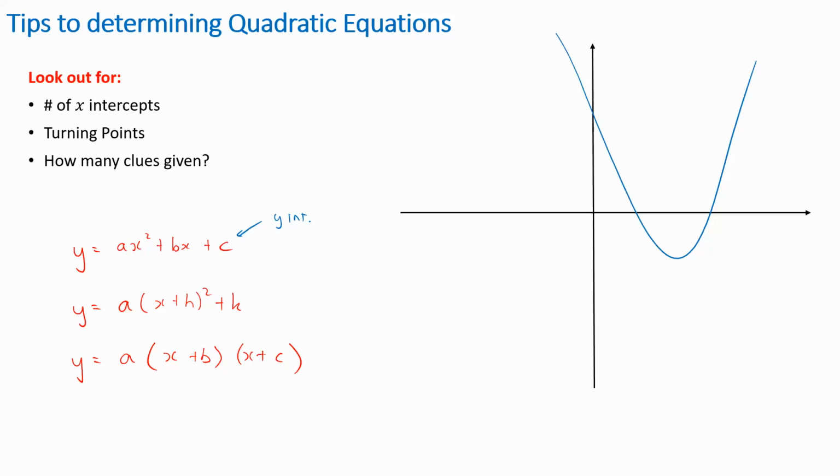What you can tell from here is that it depends on what information I give you. So for example, if I gave you two x-intercepts, let's say I said 2 and 3. See, that doesn't help you because I only gave you two pieces of information. I only told you the coordinates (2, 0) and (3, 0). Why is that a problem? Because when you only have (2, 0) and (3, 0), why can't you use the first equation?